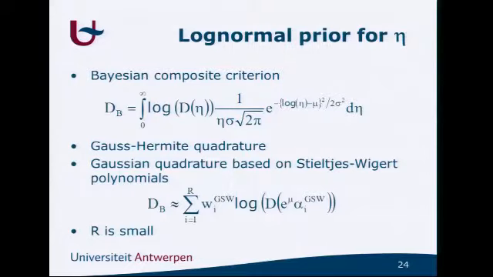And what does that technique involve? Well, in that technique, we need systematic draws from the prior distribution as well as weights for each of these draws. And in this formula down here, that's how we evaluate our integral of the composite criterion. In this formula, you can see a certain value alpha. This is what we call the abscissa. And here you can see a W, and this is the weight for a particular abscissa.